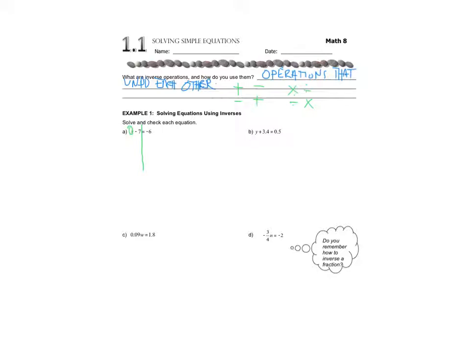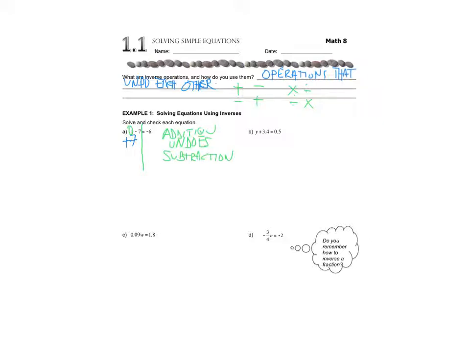Right now, we see minus 7. So what is the one that undoes minus, or subtraction? Right, addition will undo the subtraction. So we are now going to undo minus 7 with a plus 7. If I'm subtracting 7, to move it, I need to do the opposite, which is to add 7.